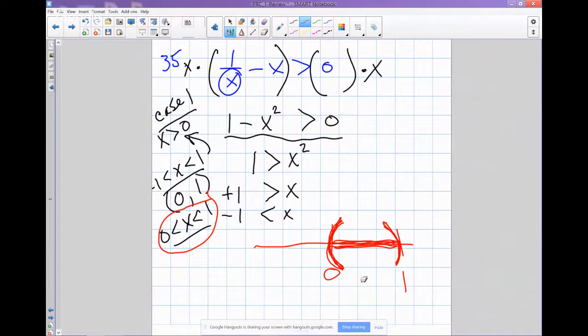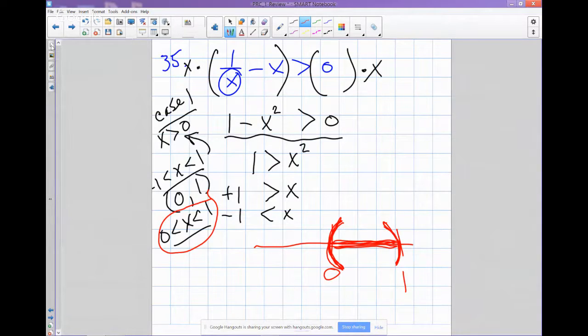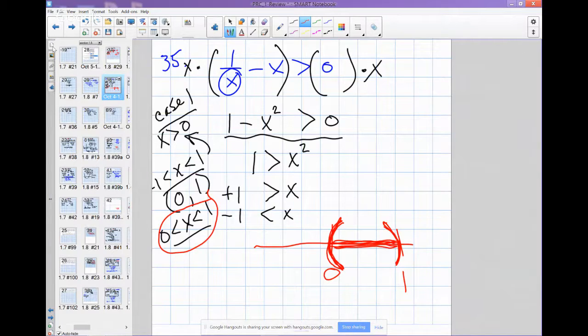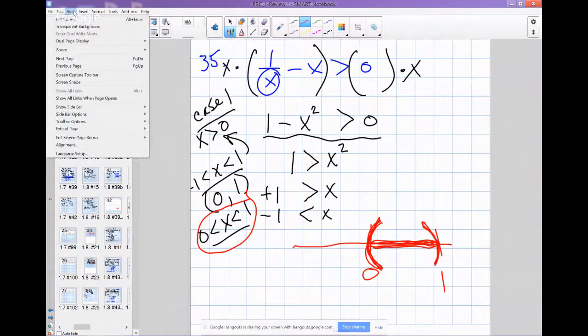Okay, we better get to the review. And how did I lose that again? Here. Okay, I just can't remember how to do that. There's auto hide. There we go. We got her. And then to view page width.